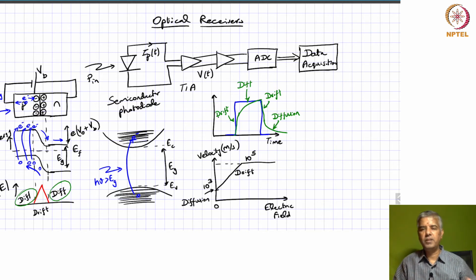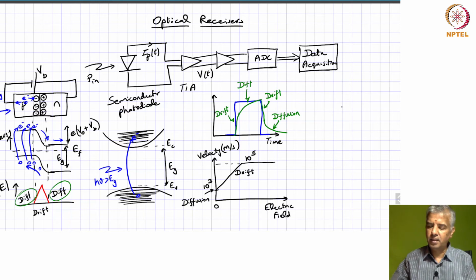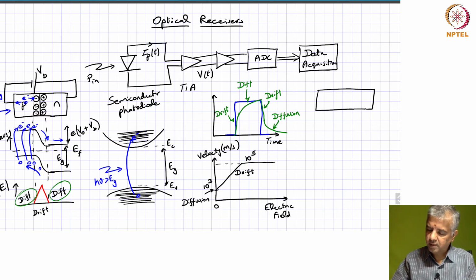How do you modify the structure to achieve a faster response? You can insert an intrinsic layer between the P and N regions. So you can essentially make what is called a PIN structure.